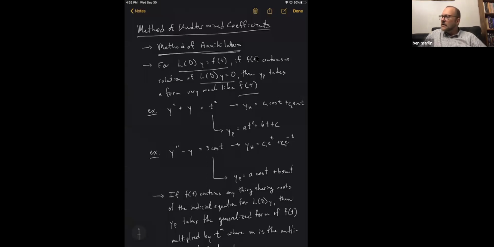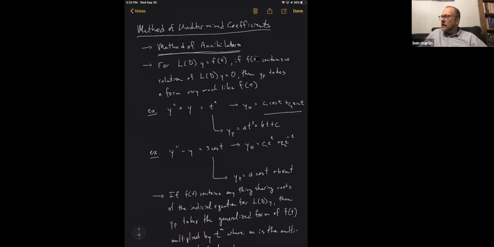So here's a quick example to show what sort of things can happen. The example we've got is y double prime plus y is equal to t squared. So for y sub h, you should be able to do this, maybe not in your head: you'll have r squared plus 1 equals 0, r is plus or minus i. And once you get something imaginary, that tells you to use sines and cosines.